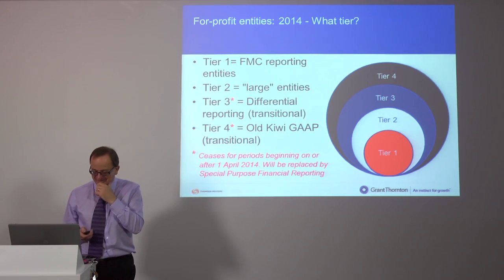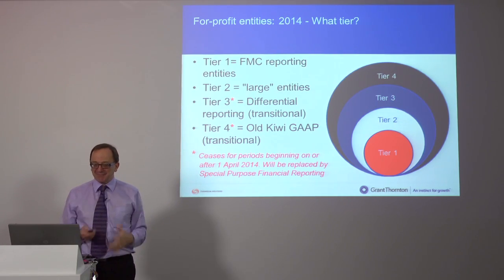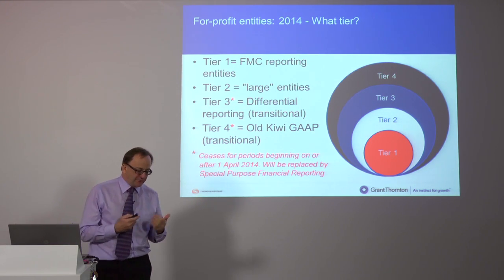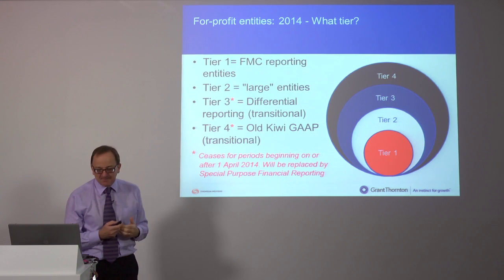So, as someone rather cynically put to me at a recent presentation, Mark, what hasn't changed? And I'm hard pushed to actually answer that question. It's a bit of a marshmallow. Everything is changing, and what we've got are these 4 tiers.